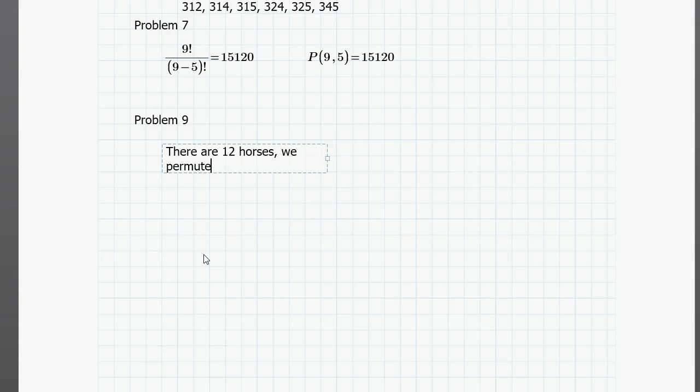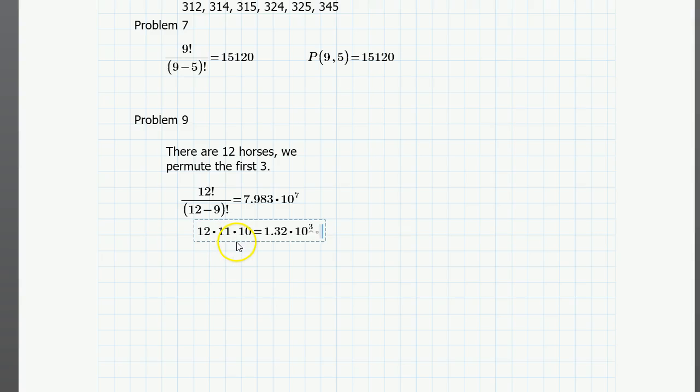We permute the first 3. So this is simply going to be 12 factorial over (12 minus 3) factorial. That's going to equal 12 times 11 times 10, let's see if we get the same answer. Ooh, I think I made a mistake here. Let's make that a 3. That's a lot better.